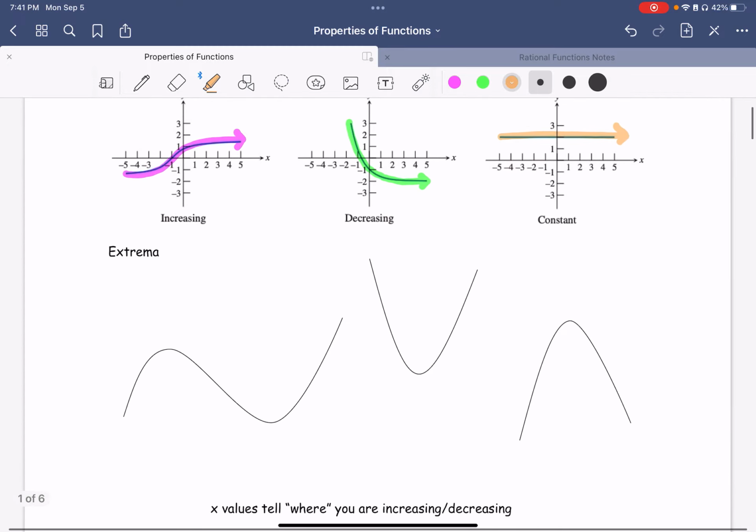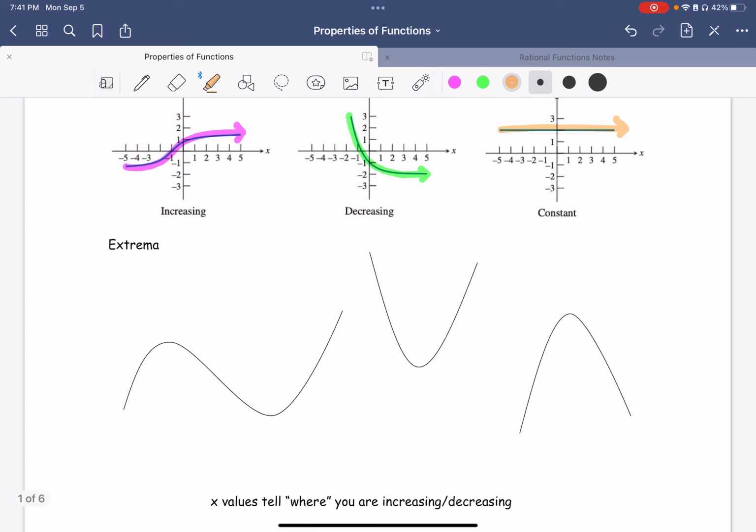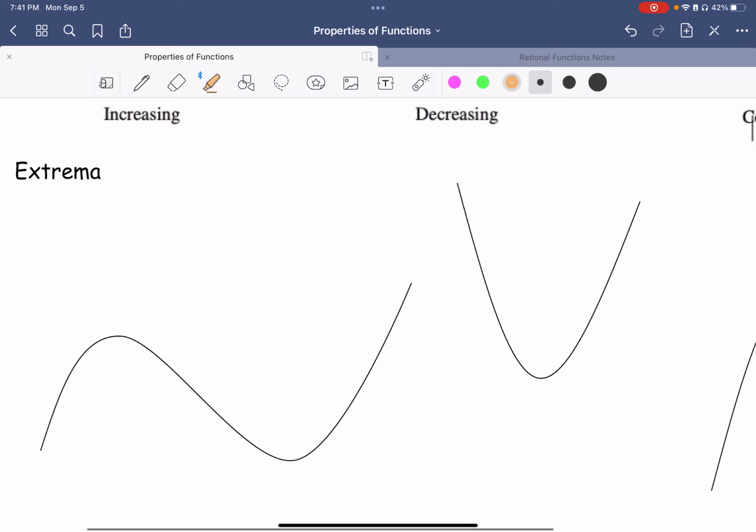Okay, so there's a word right there called extrema. What extrema are, that's a vocabulary word. They're the points in the graph where the direction changes.